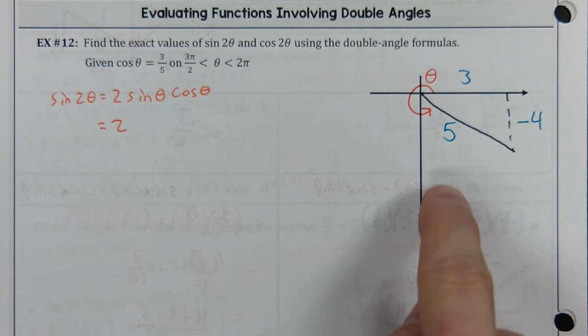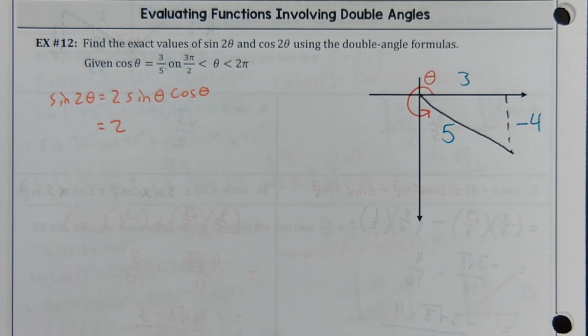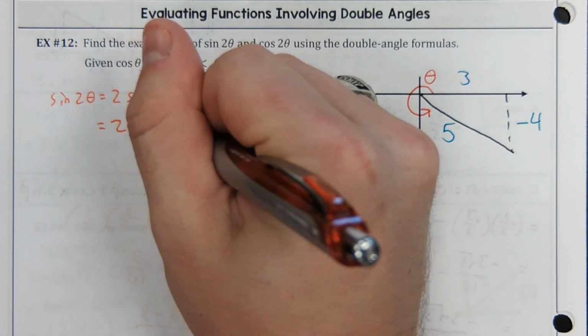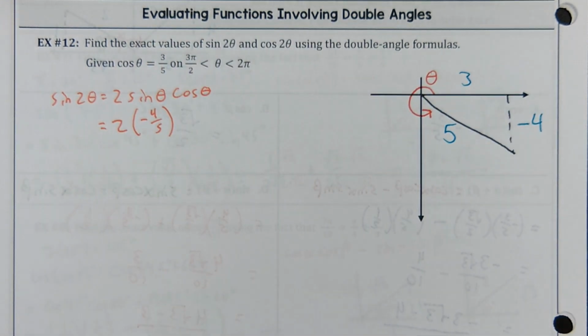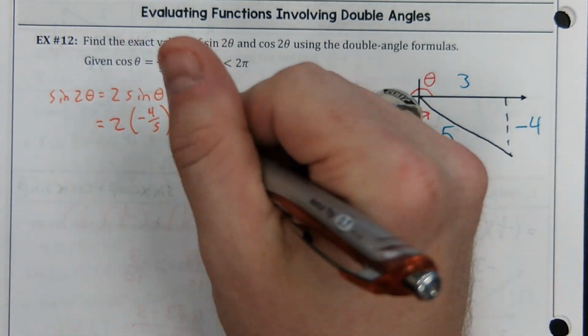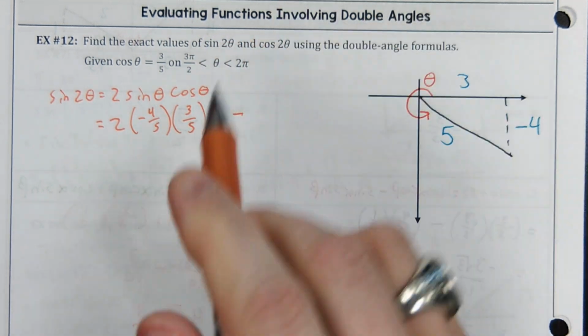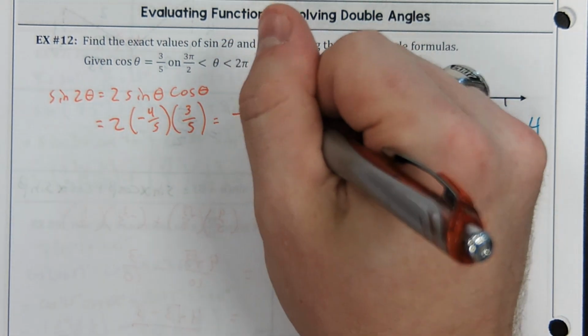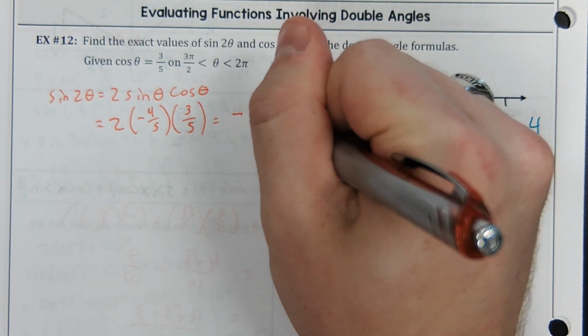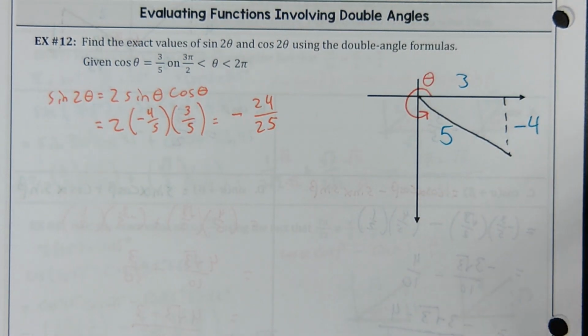Sine at this theta is y over r. And cosine of the theta was given to us. Two times 4 times 3 is 24. We're just filling in the identity. That's all we're doing.